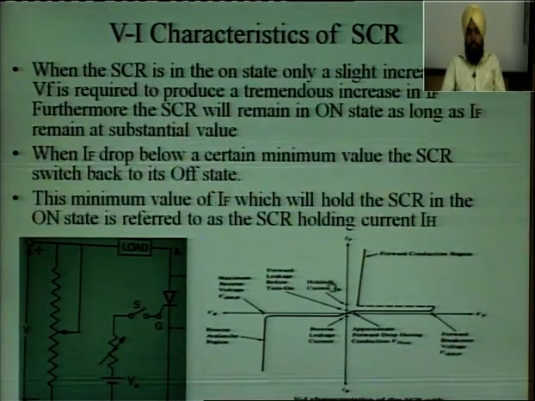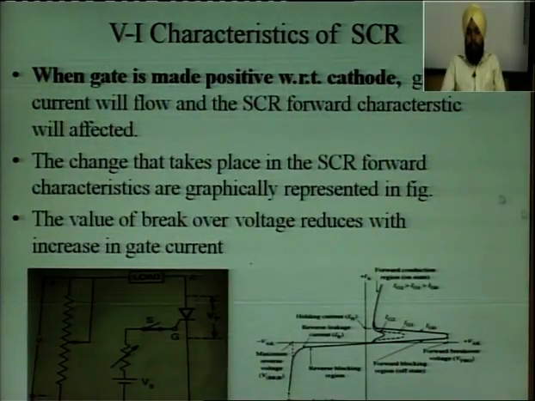So, you can see when we apply the gate current Ig1, which is greater than Ig0, this forward breakover voltage point which was previously at this point now shifts to this point. So, the breakdown of junction J2 now will occur at a lower voltage as compared to when the gate current is 0.